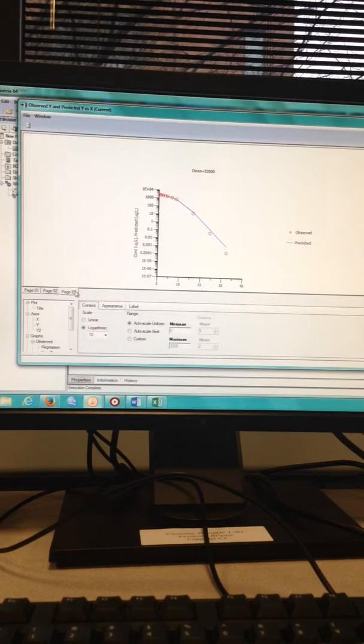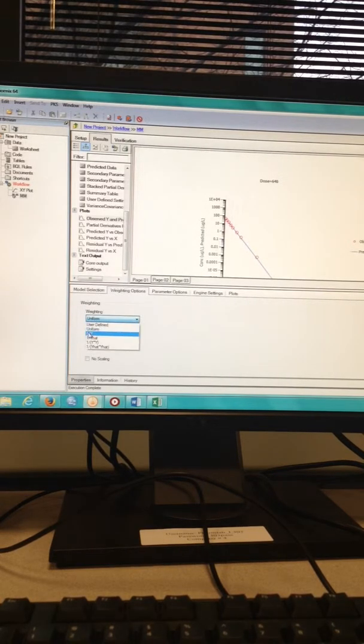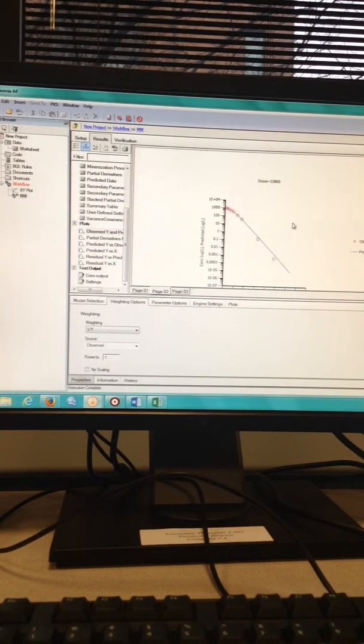Okay. So what I did, I forgot to put the weight. I would say that if we put the weight 1 over y, it's more likely that the poor estimate of the lowest concentration might go away.